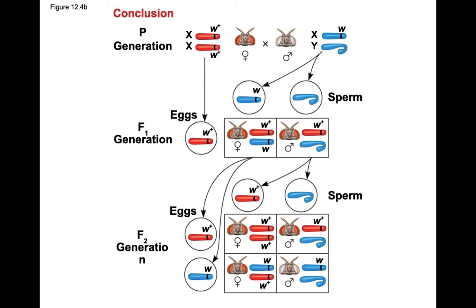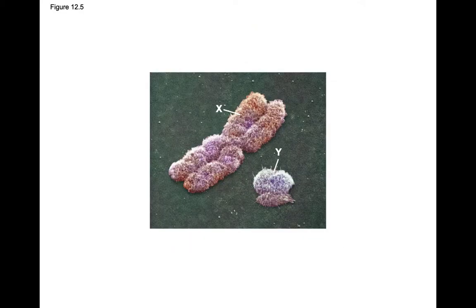What he concluded was that there must be a gene on the X chromosome of males, here's the Y chromosome of males, and if you inherited the recessive allele as a male, it must mean that you express it, while in a female, maybe the recessive allele of white eyes would be masked by the red eye phenotype.